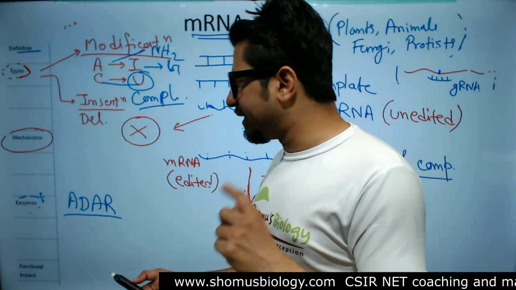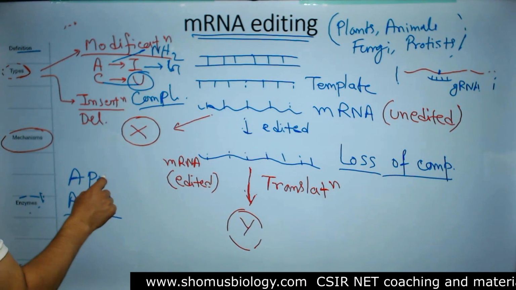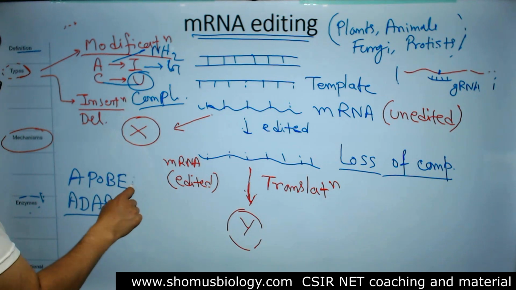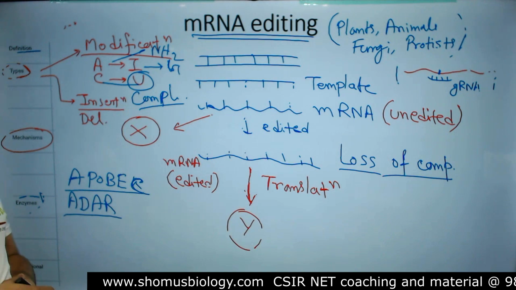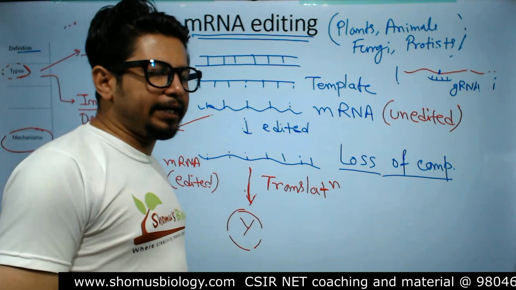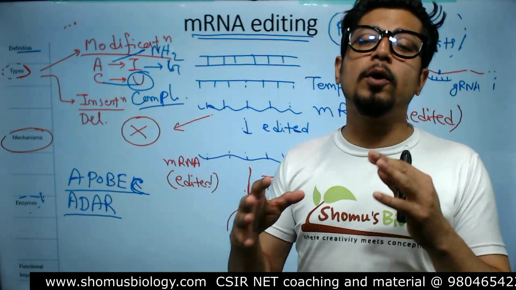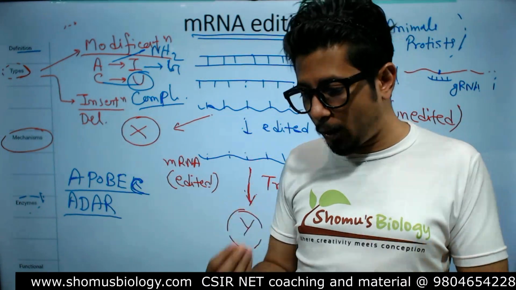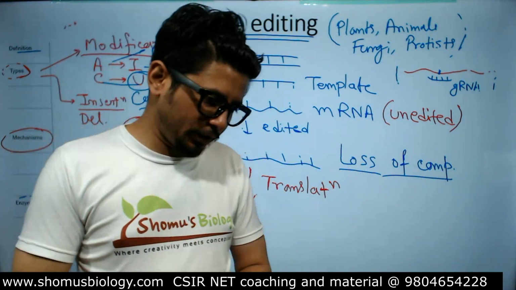Apart from that, there is another enzyme involved in this process known as APOBEC, apolipoprotein mRNA editing complex. This APOBEC is another enzyme set which modifies the apolipoprotein, a very important protein in eukaryotes, in humans particularly, and in mammals.